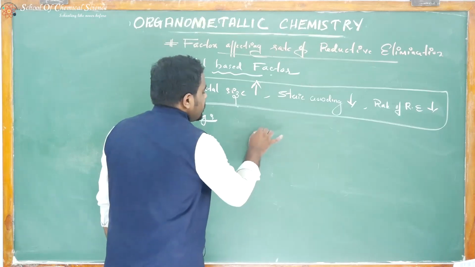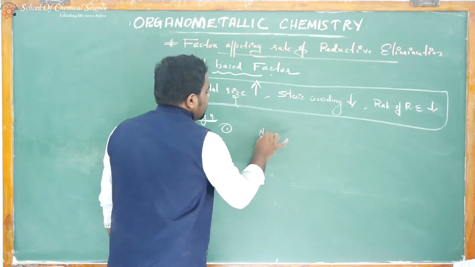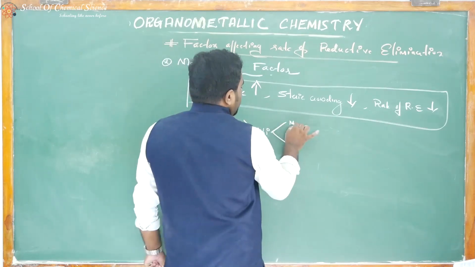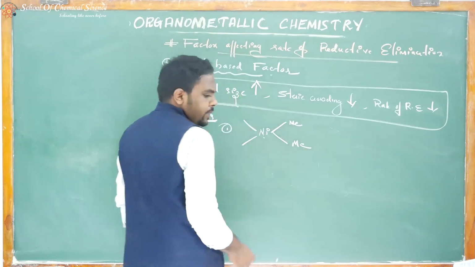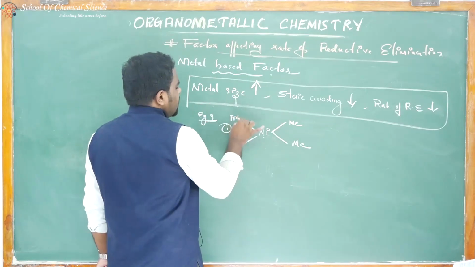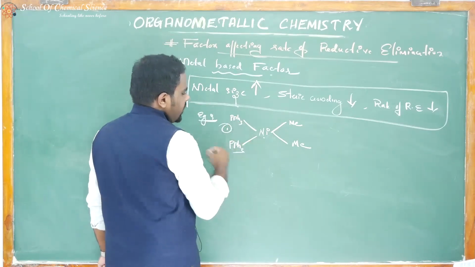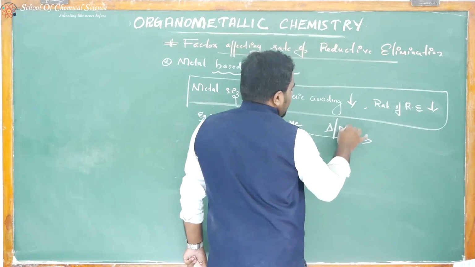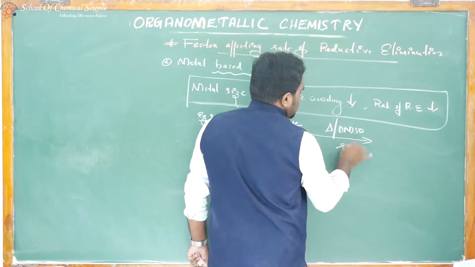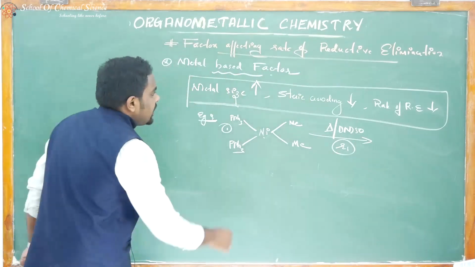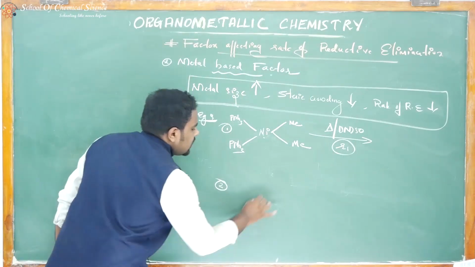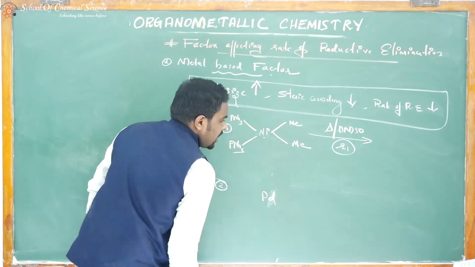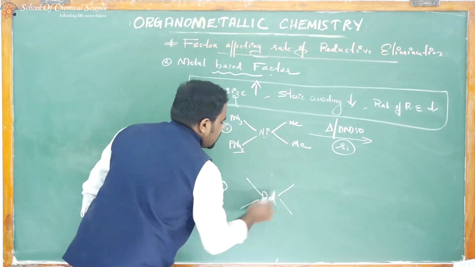Please listen. First one, nickel, a square planar complex. Here a methyl group, here PPh3, here also PPh3. Heating in the presence of a DMSO type solvent, and this is rate R1. Then second case, instead of nickel, you use palladium having a large size, a square planar complex.